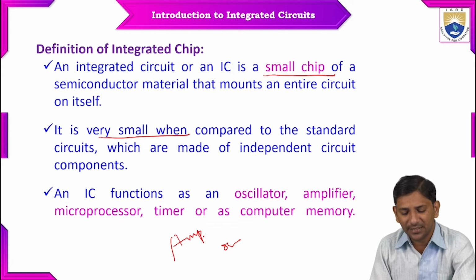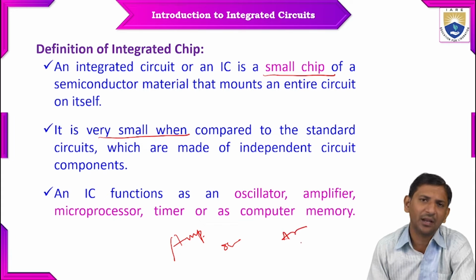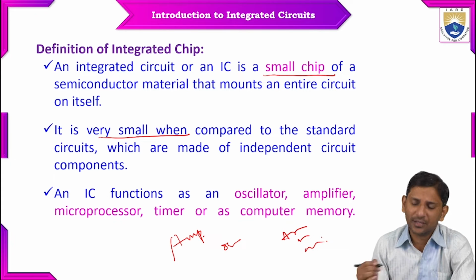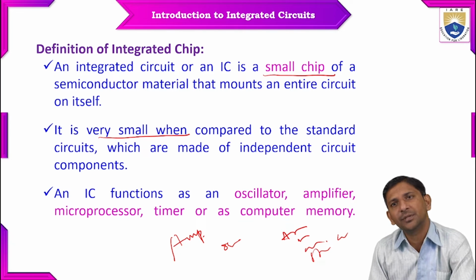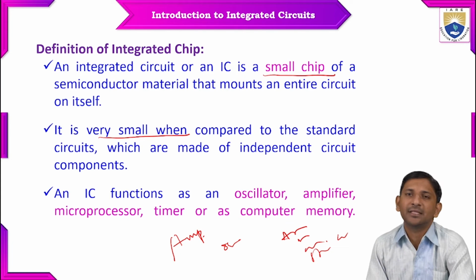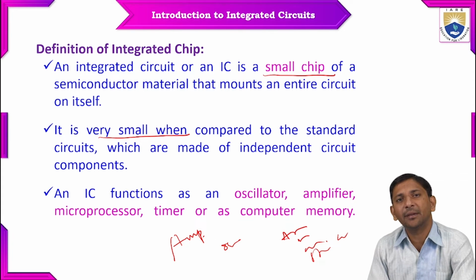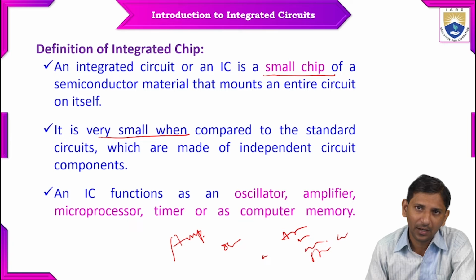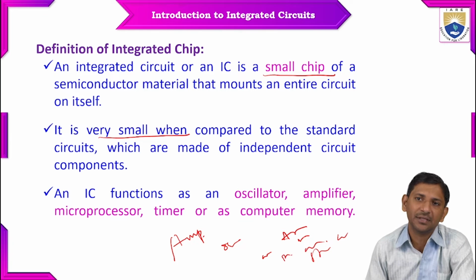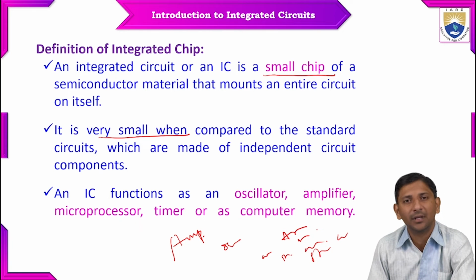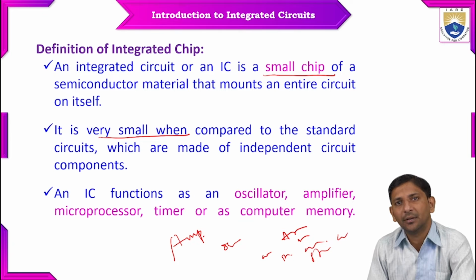The operations can be anything: arithmetical, logical, controller, storage, or conversion. Anything can be performed using an integrated circuit. By these ICs we can reduce complexity and increase performance by reducing the size of these huge devices.